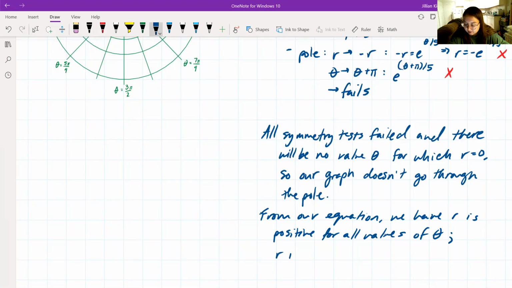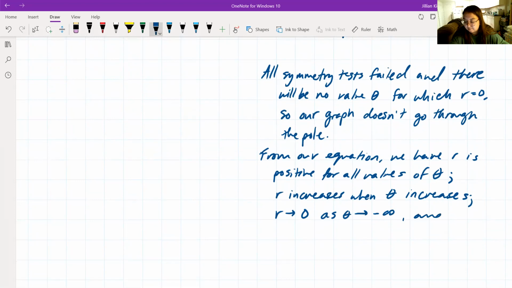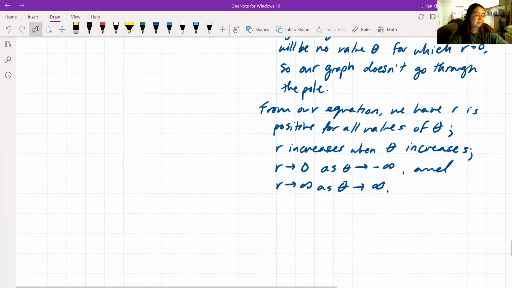We also get that r increases when theta increases. r is going to approach 0 as theta approaches negative infinity. And r will approach positive infinity as theta approaches positive infinity as well. So this is just going to help us graph, and you'll see why once we start graphing it.